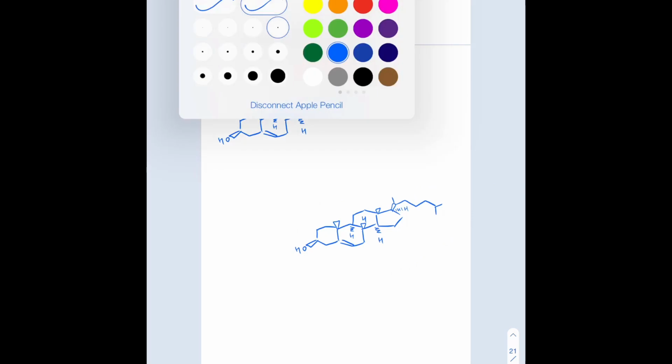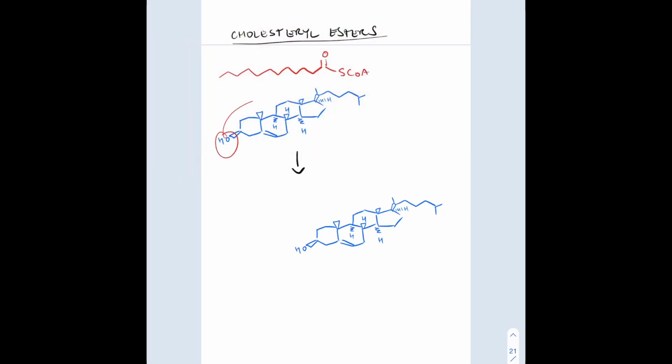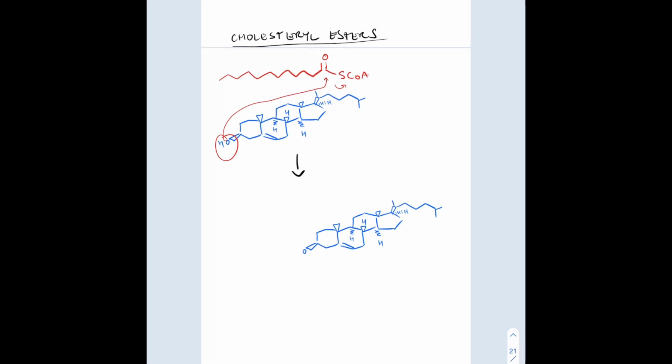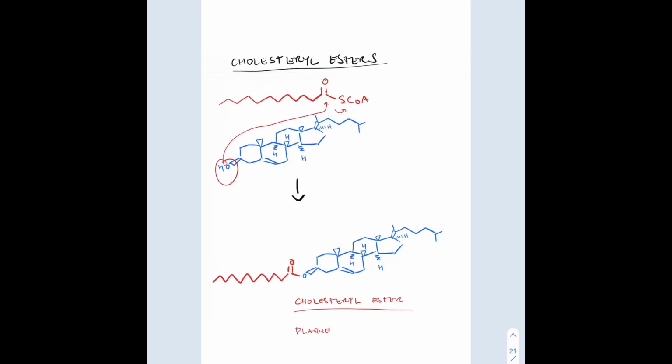So if you see those, you're going to think steroids. So this steroid has a hydroxyl group on there that can attack the carbonyl group, just like we saw before. And what you end up with is this larger structure on the bottom, and this is called a cholesterol ester, because the steroid is the cholesterol, and we have an ester now, right?